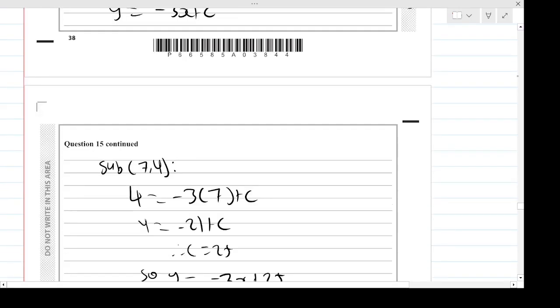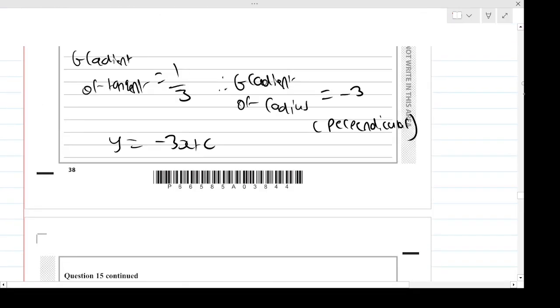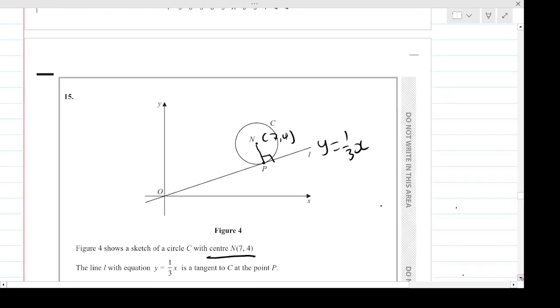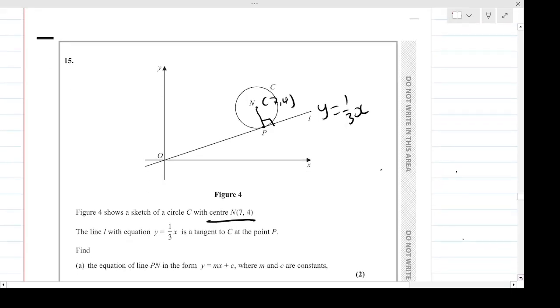But obviously it's going to be a bit harder than the centre, because we're not given the radius and it's 4 marks. But how can we find the radius? Well, the length of the radius is the length of the line from N to P. I'm given the coordinate N, but I'm not given P. P is (x, y).